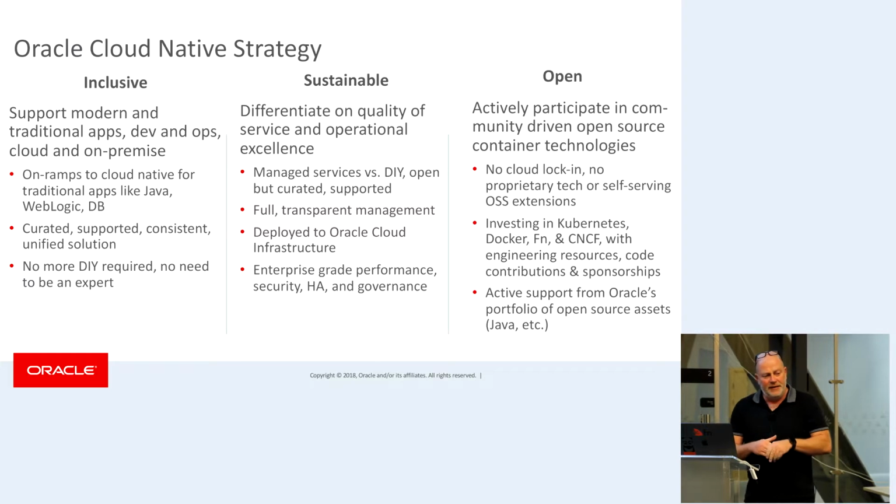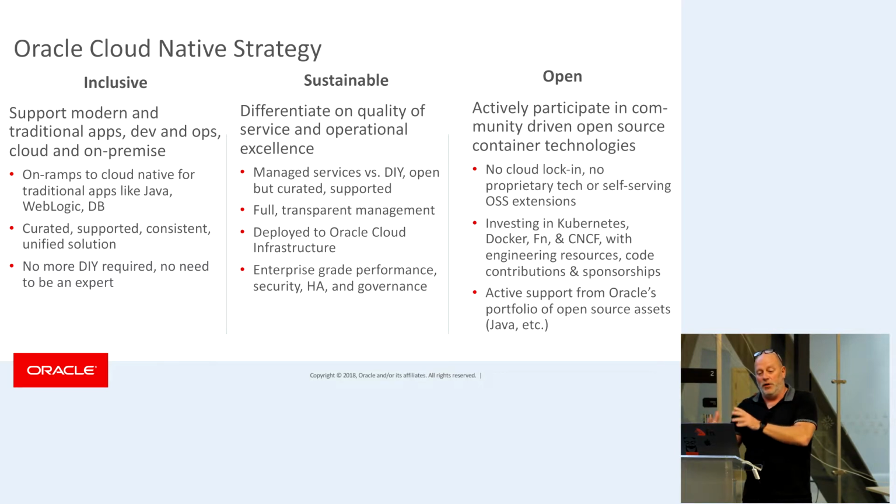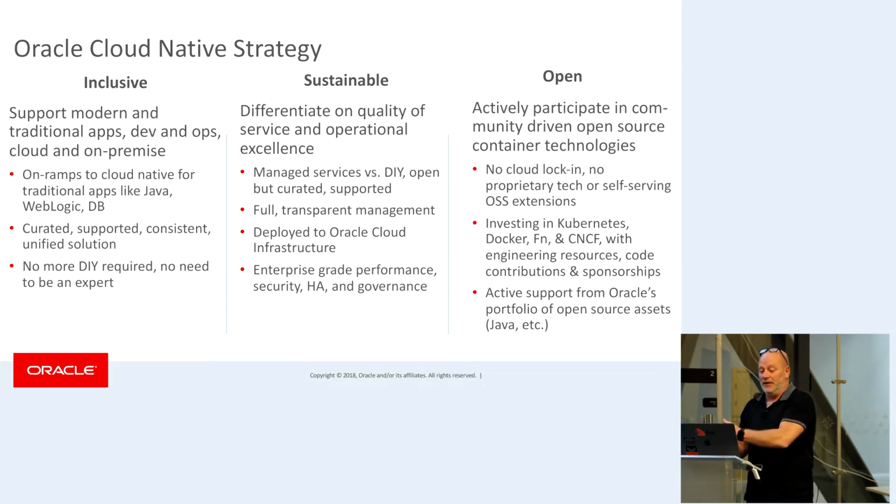And what we're trying to do is to make it easy for guys like yourselves with modern, cloud native workloads to be able to get onto our platform, but also make it easy for traditional Oracle customers to move on to container native offerings.